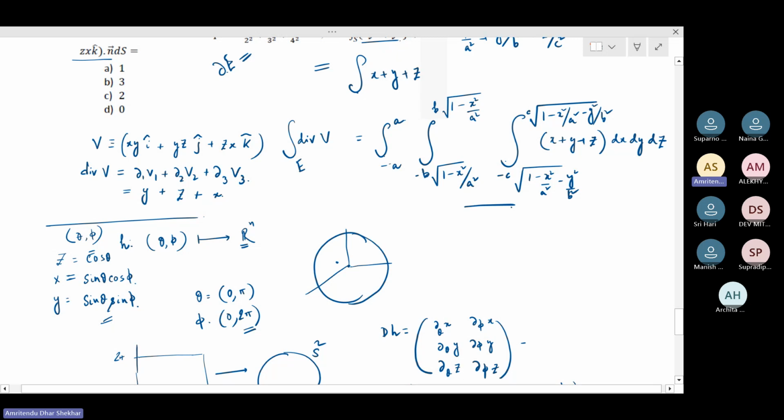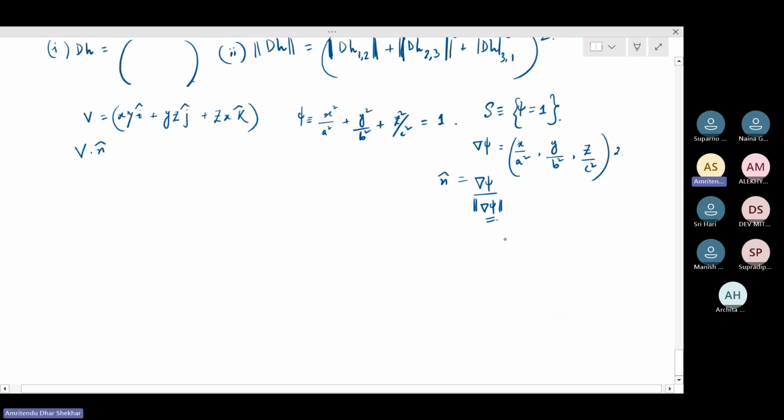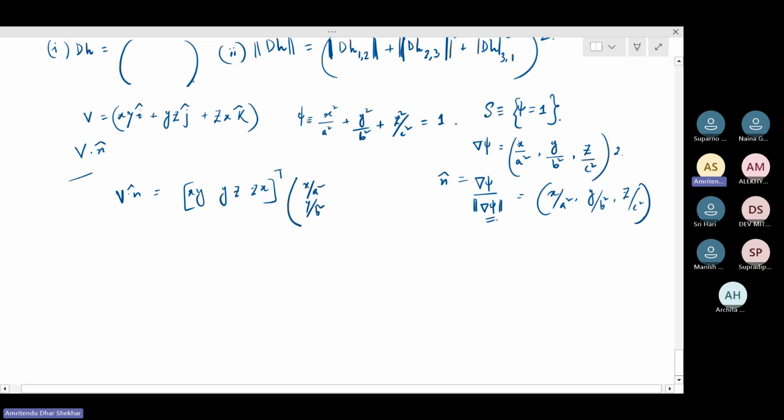This integral is a bit involved, but this grad of psi is x by a squared, y by b squared, z by c squared. Then you can do v dot n, which is xy, yz, zx times x by a squared, y by b squared, z by c squared.